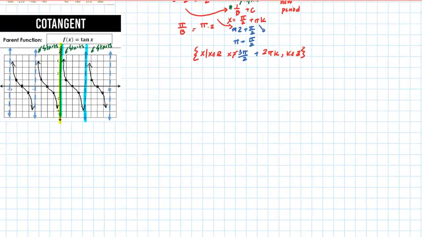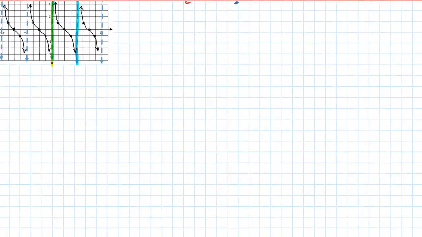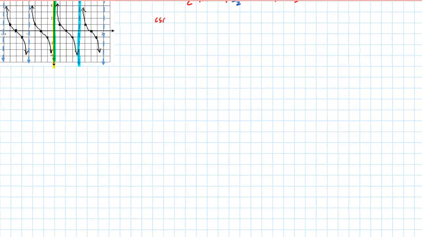Okay? Now, the last of the bunch, the cosecant and secant. Domain and range. Okay?